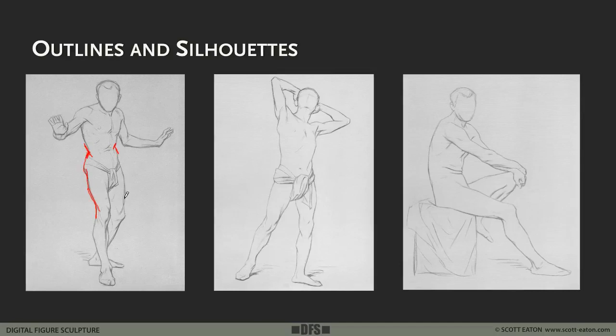And these are one of the tools we use to figure out if our volumes are doing the right thing, if our planes are interlocking correctly. We rotate our model around and we look to see if, hey, is the bicep really going underneath the deltoid? Am I getting that inflection right there, that interlock? Likewise, are we getting this? All these things are critical to understand, and these Bargue drawings are perfect for analyzing that.